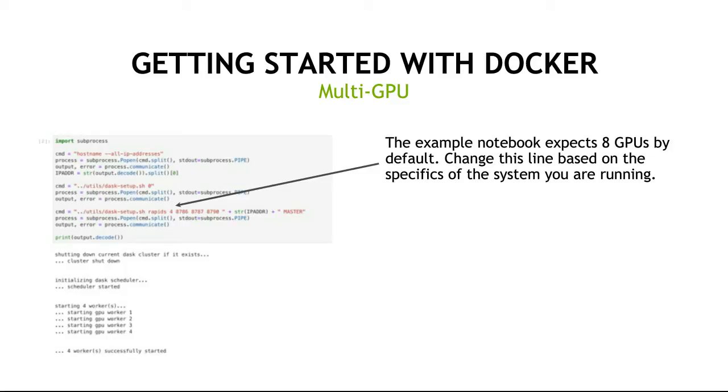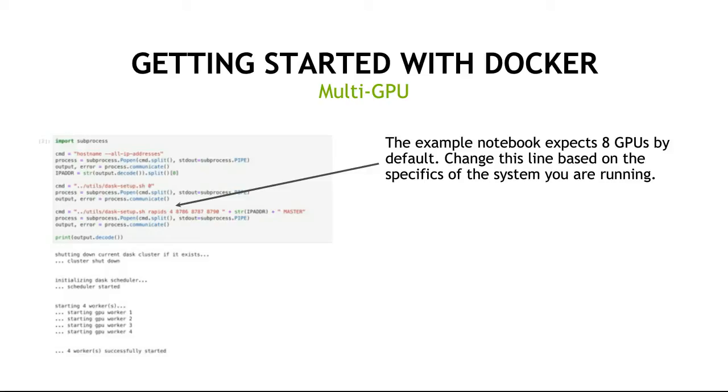The example notebook, as written, expects an 8 GPU node. In the example shown here, I'm running the notebook on a node with 4 GPUs. Because of this, I've had to modify the notebook where you see the arrow pointing in cell 2.